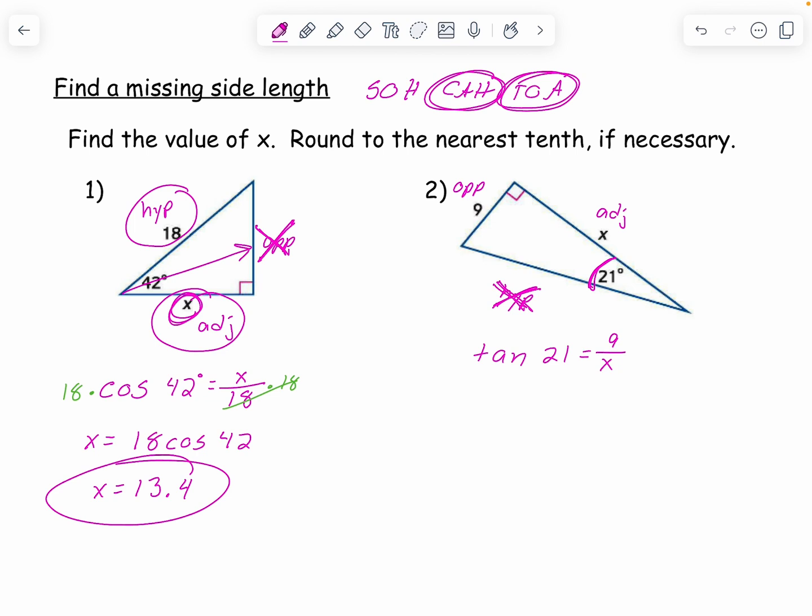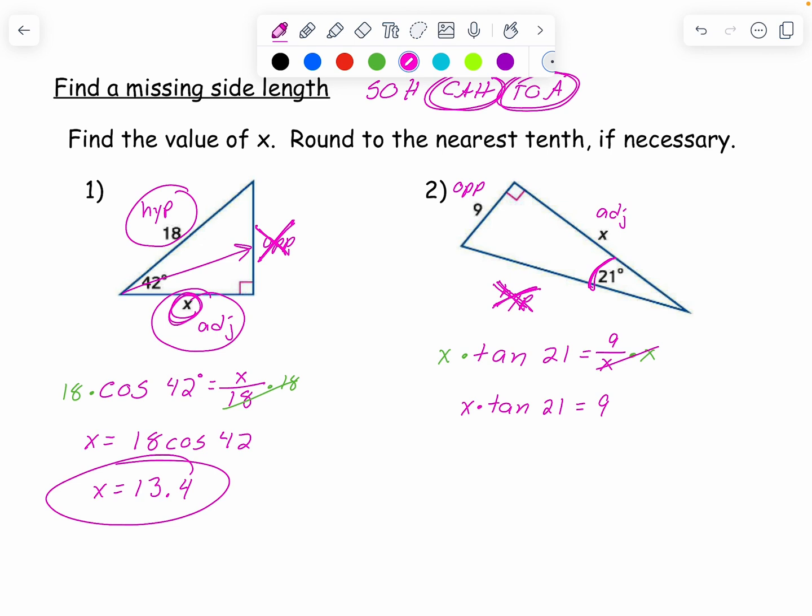Okay, now for this one, if I'm wanting to solve for x, I can't multiply by 9 to get rid of 9 because 9 is on the top. But I can get x out of the bottom by multiplying by x. That won't completely solve it for me, but it's a good start. So if I multiply by x on one side, then I multiply by x on the other side. So then I have x times tangent 21, and that is now going to equal just 9 because those x's would cancel.